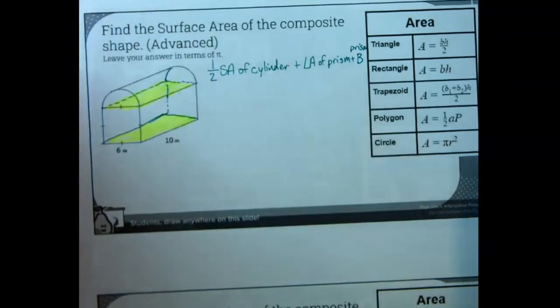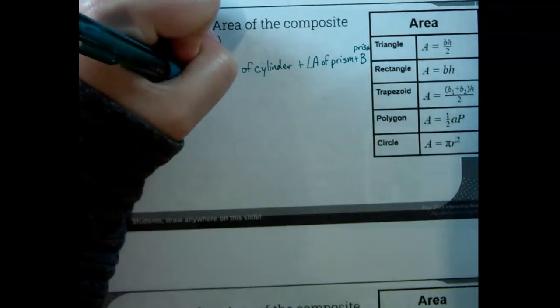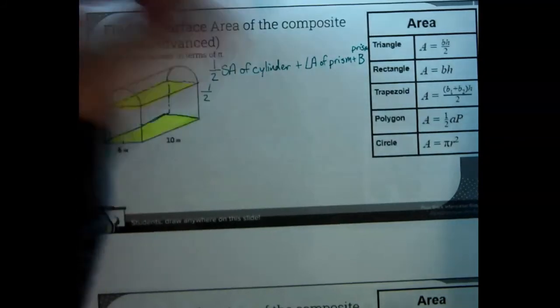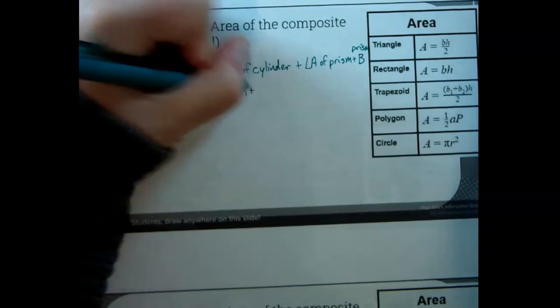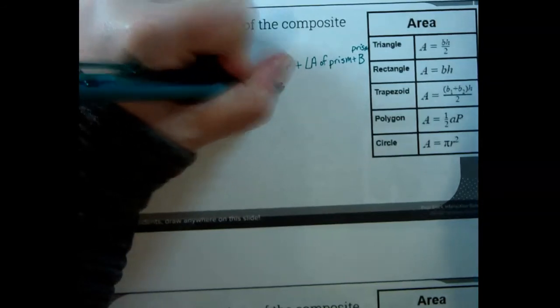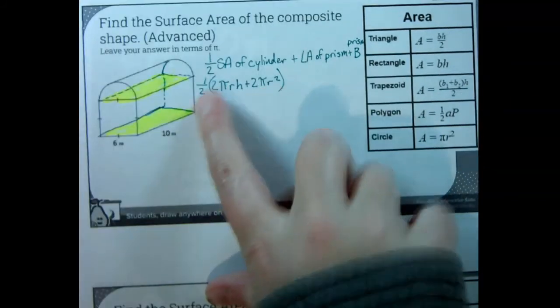The surface area of my prism, the formula for that would be, we're going to multiply that by 1/2. Or sorry, my cylinder surface area, 2 pi r h plus 2 pi r squared. And we're going to take that whole thing and get an answer for that, and then cut it in half.